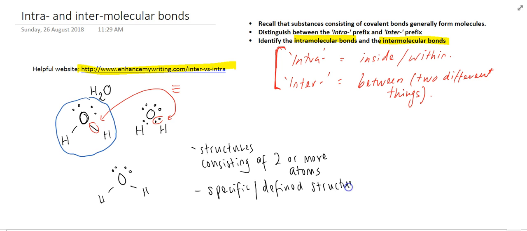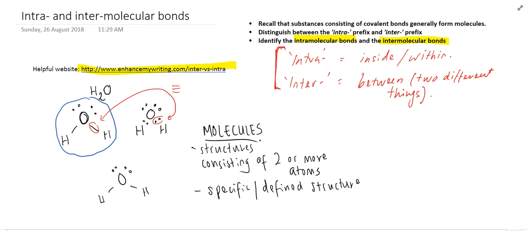So when you look at each of these, H2O with hydrogen atoms directly connected to the oxygens and not connected to each other in any way, these are defined structures consisting of 2 or more atoms. And this is what we mean when we call them molecules.